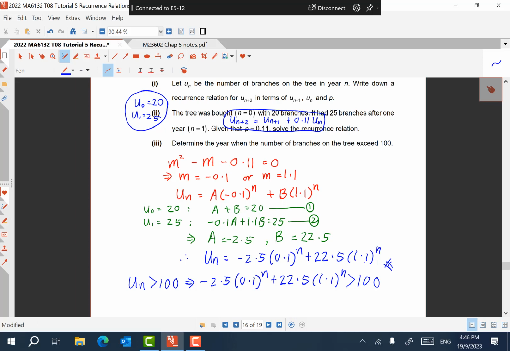How do you solve this inequality? Ananya, how would you solve this inequality? You're not sure? Tara, what would you do to solve this inequality? What is it? Right, all the minuses are missing.